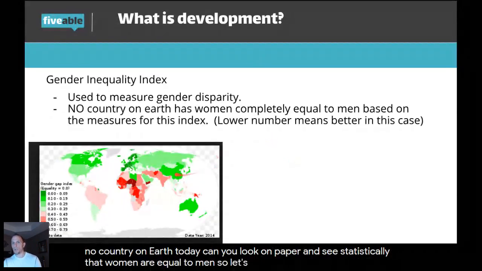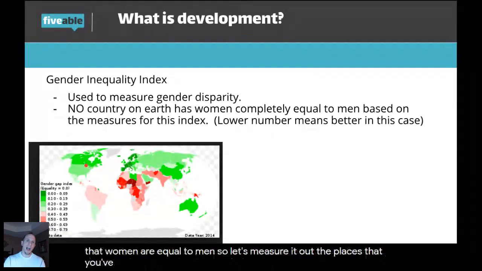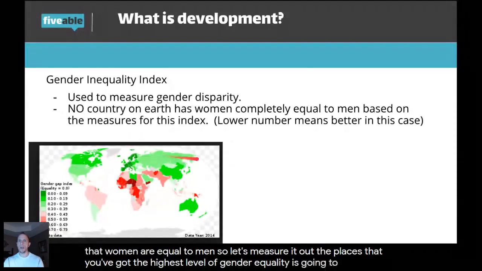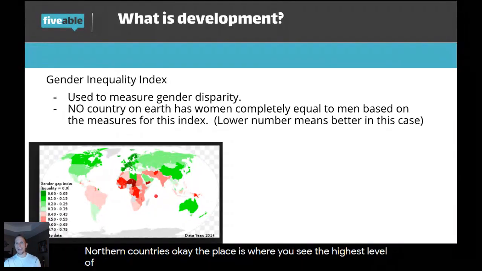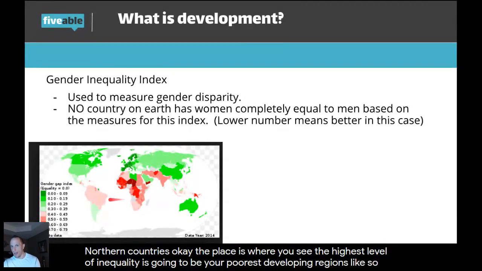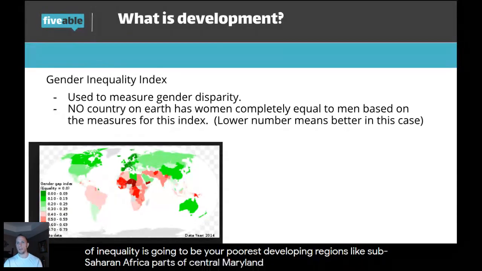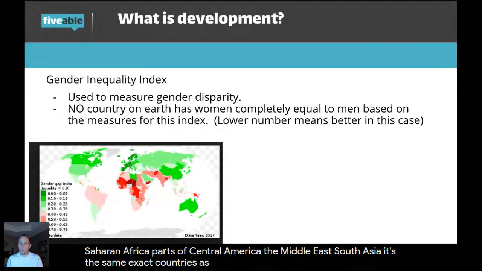So let's measure it out. The places where you've got the highest level of gender equality are going to be your northern countries. The places where you see the highest level of inequality are going to be your poorest developing regions like sub-Saharan Africa, parts of Central America, the Middle East, South Asia. It's the same exact countries as what we were just now looking at.